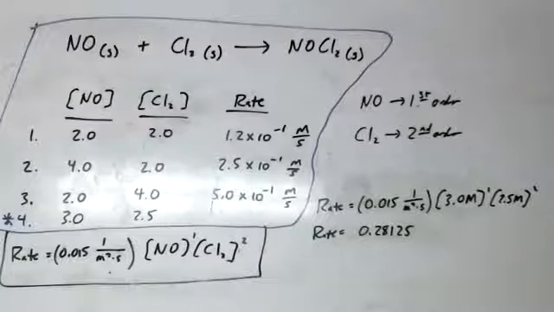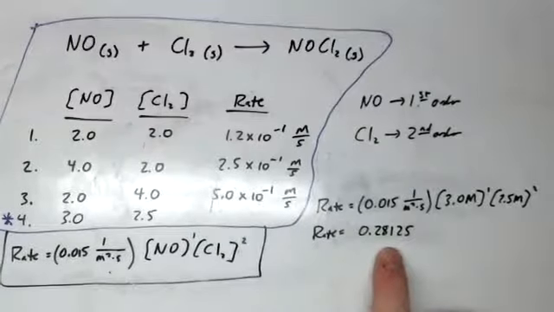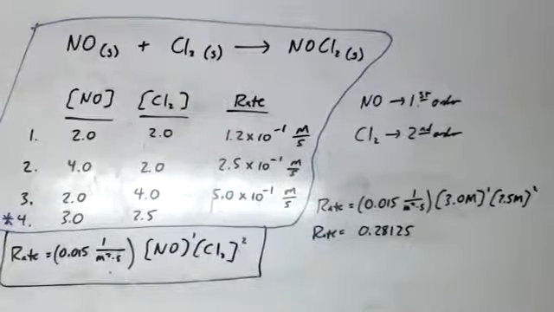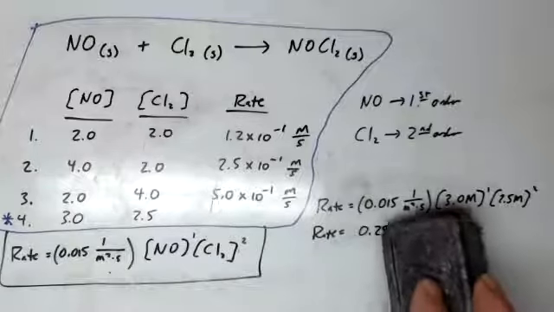Okay, so it's just a matter of plugging those new concentrations into our rate equation, and there's my calculator answer. Now remember, we didn't really worry so much about sig figs for K because that's just an intermediate in the calculation, but once we get to our final answer, we should definitely make sure we have the correct sig figs. And clearly in this problem, we should have 2 sig figs.